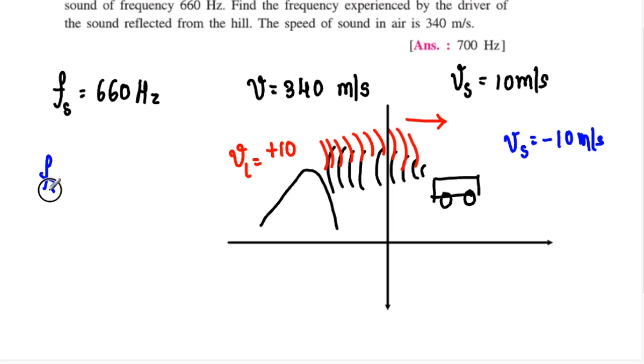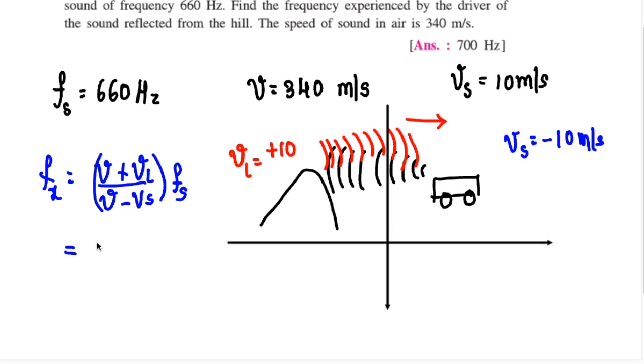So my FL equals V plus VL upon V minus Vs into Fs, that is equal to 340 plus 10 upon 340 minus 10 into 660.